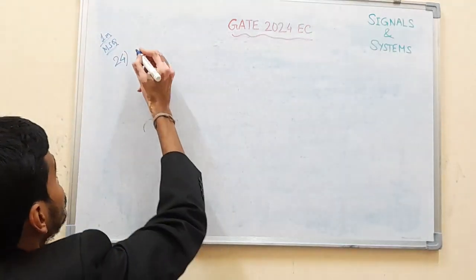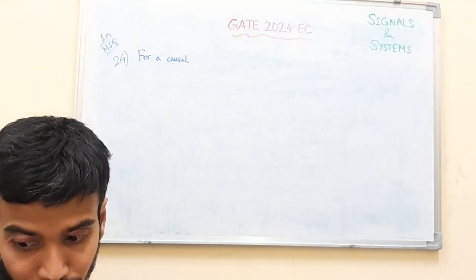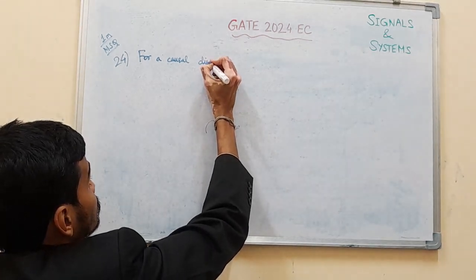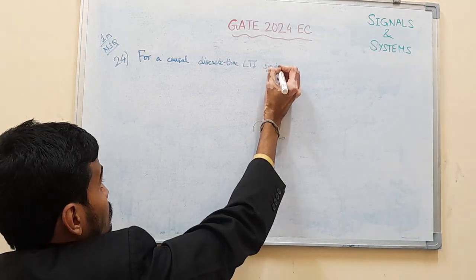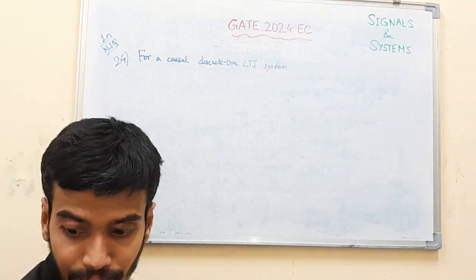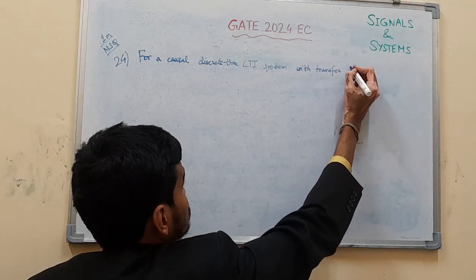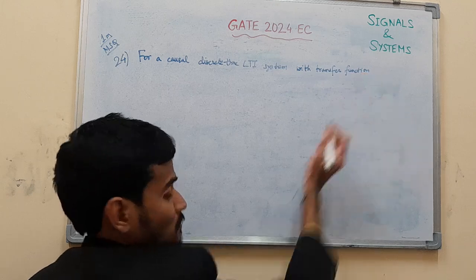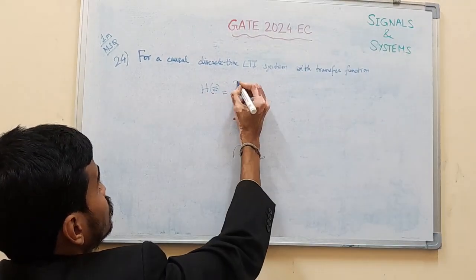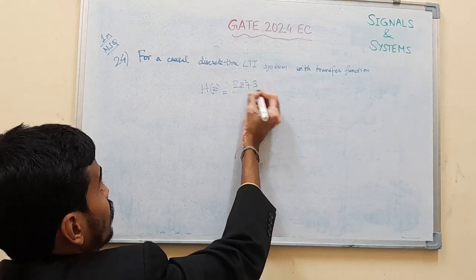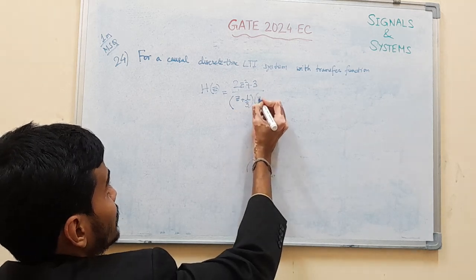It is given for a causal discrete time LTI system with transfer function H of z equals 2z squared plus 3 upon (z plus 1 by 3)(z minus 1 by 3).